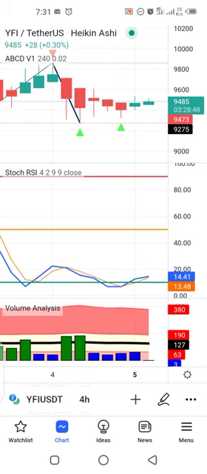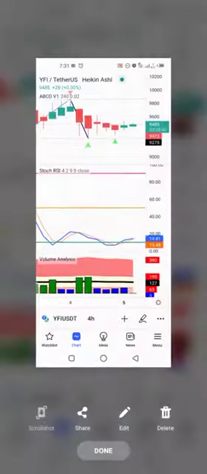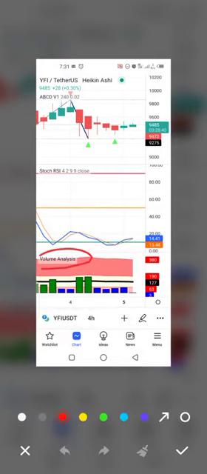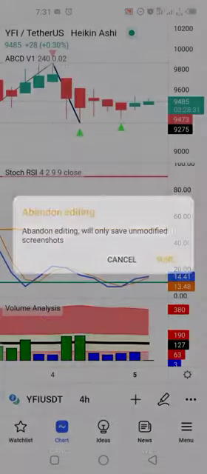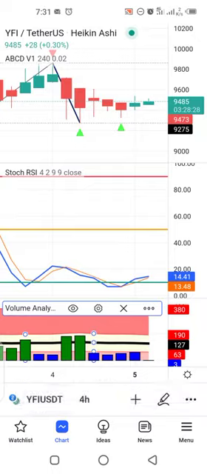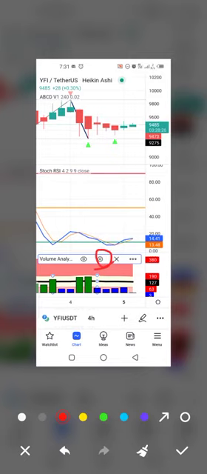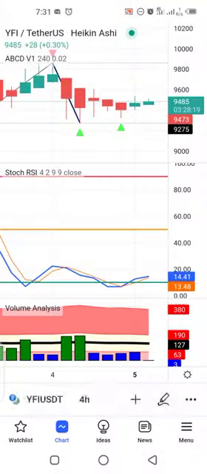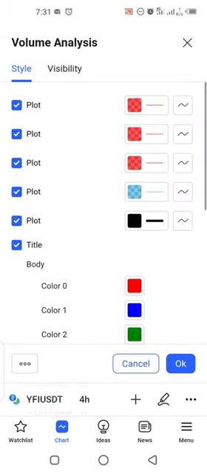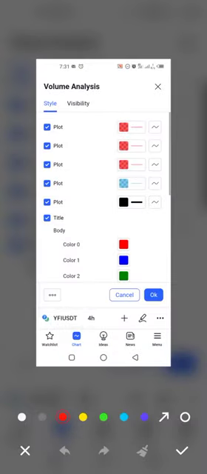Now, here things are simpler. On the volume analysis indicator, like I've said on stochastic, you just come and put your finger on the name. Then, when you tap on the name, it gives you this area here. And that's where you need to tap on the settings. Now, here, apart from all other indicators, we just look for this last plot.